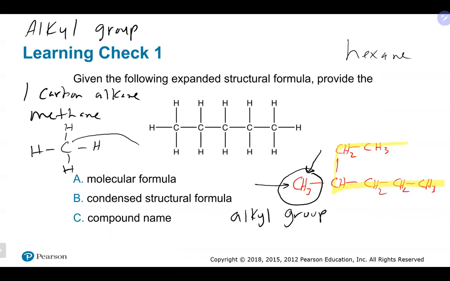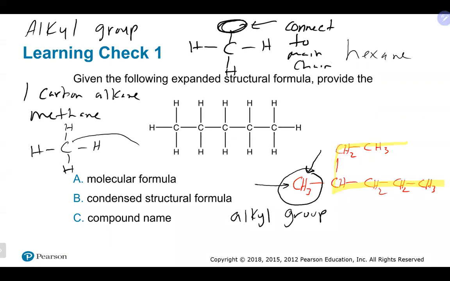So an alkyl group is an alkane that is missing a hydrogen so that when it connects in, it still has just 4 bonds. So this guy is a CH3 group where it is missing 1 hydrogen. That allows it to connect to the main chain without going over 4 bonds.